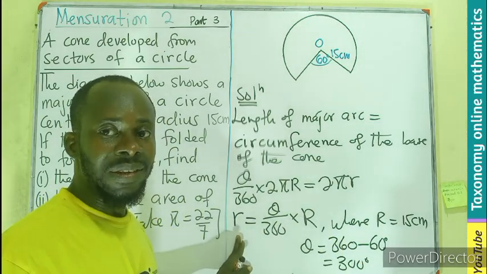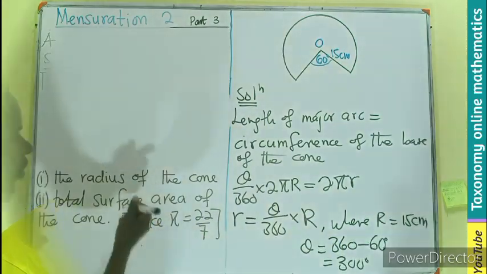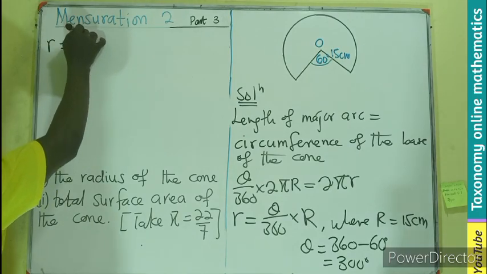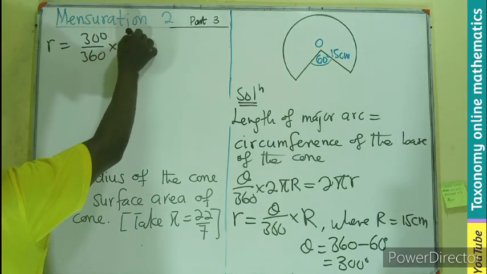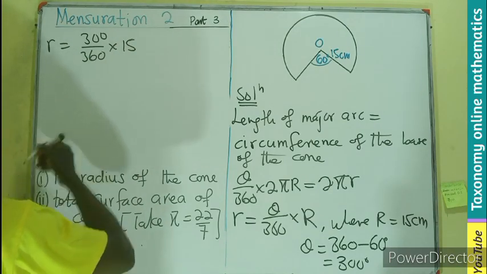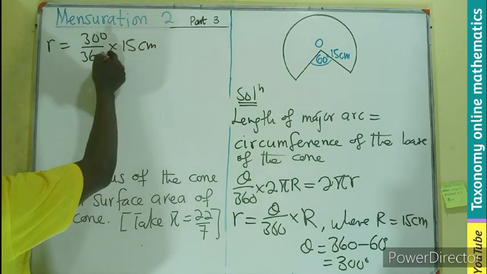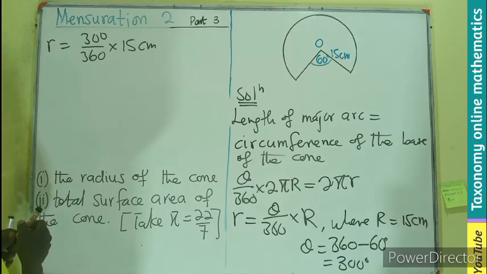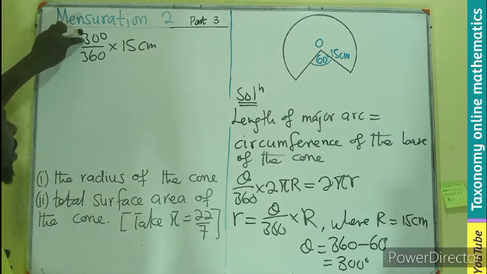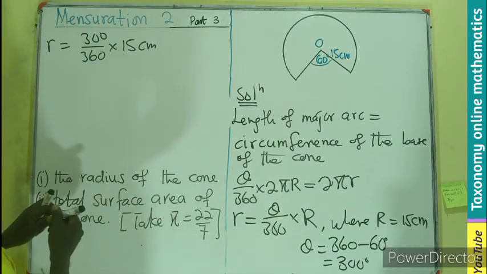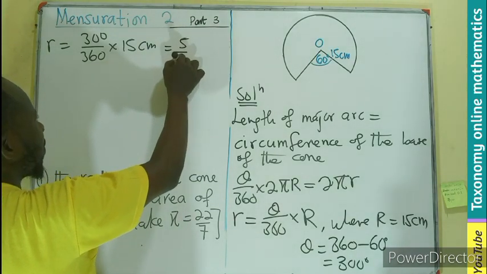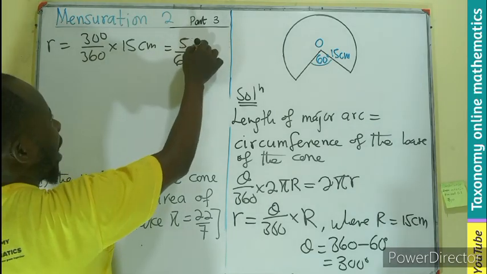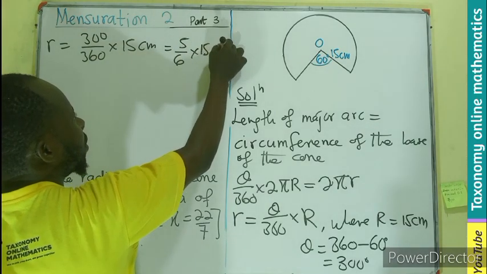We can find this easily. So the radius becomes r equals 300 over 360 times 15 centimeters. You know these zeros will cancel. Then 6 will go here, 5 will go here. So you'll be left with 5 out of 6, right, times 15 centimeters.